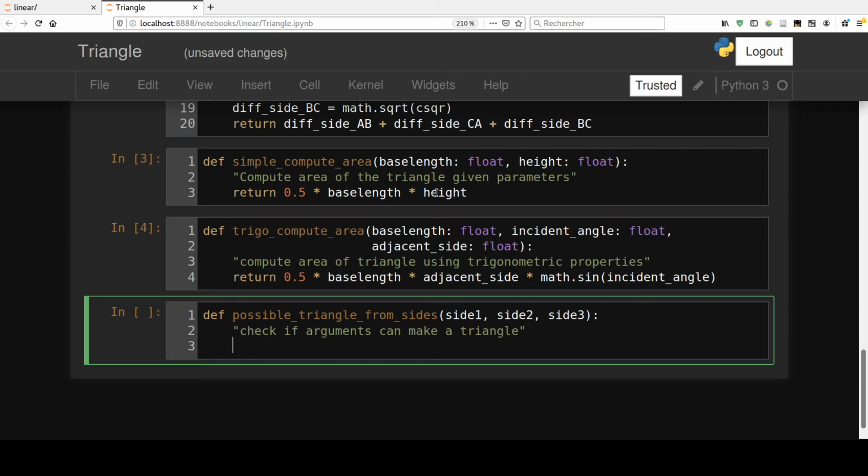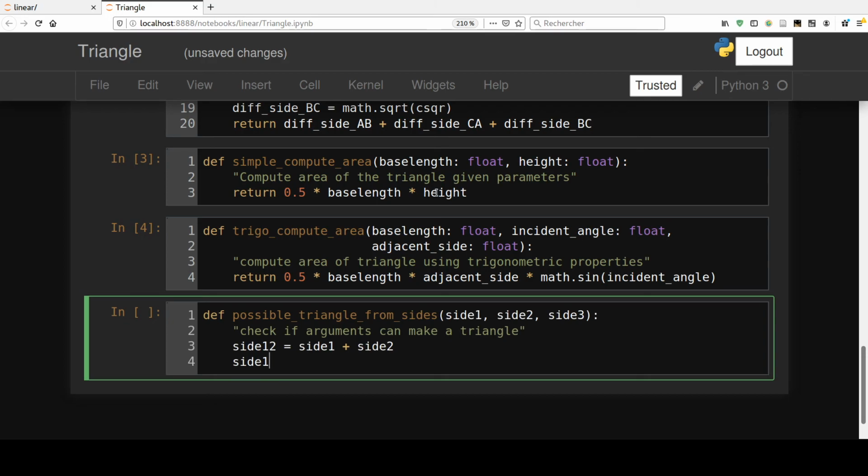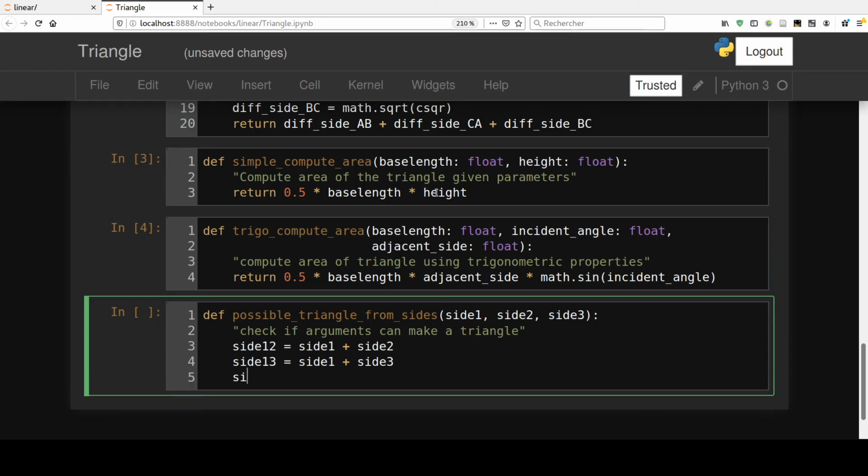So simply put, we are going to write side 1 2, which is side 1 plus side 2, side 1 3, side 1 plus side 3, and side 2 3, which is side 2 plus side 3.